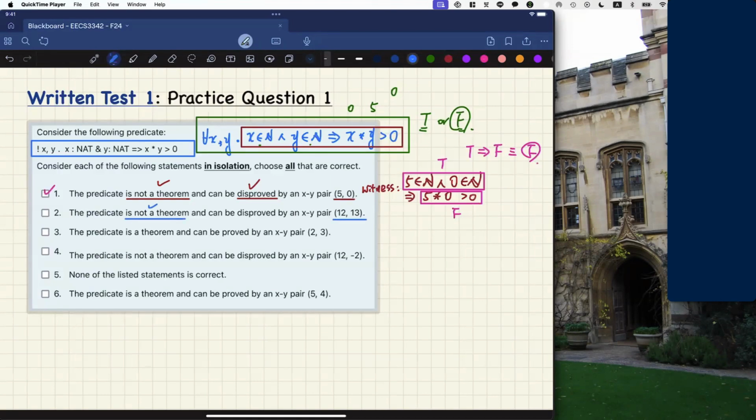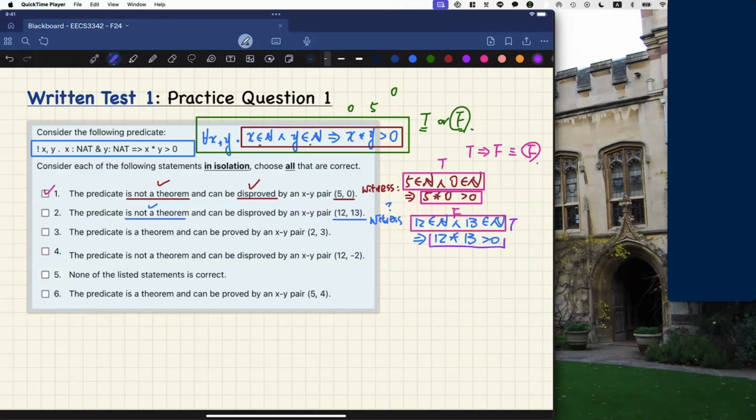This one is not appropriate, because you want to know whether or not this is a good witness. Let's put a question mark over here. We can try 12 is a natural number, and also 13 is a natural number, implies 12 multiplied by 13 is larger than 0. Apparently, again, this one here is true.